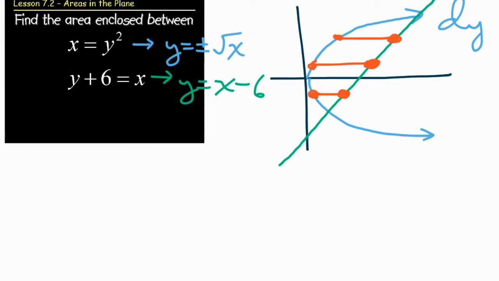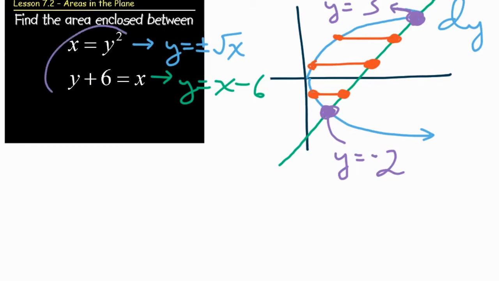So since it's a dy integration, we're going to want to find these points of intersection as y values. Again, it's a little different way for your brain to think. When you look at this on your calculator, you want to see y equals -2, and you want to see y equals 3. Now, I did just get those on my calculator, although there is a way to find those intersection points without your calculator. It would require a little bit of simple algebra, and that is just setting these equations equal to each other.